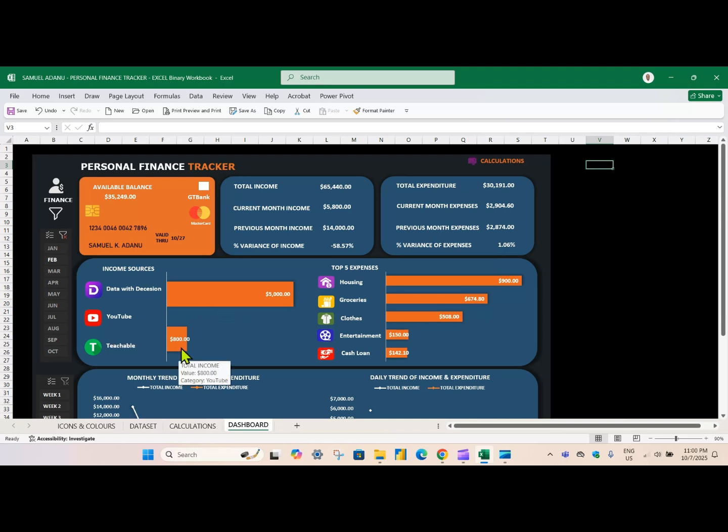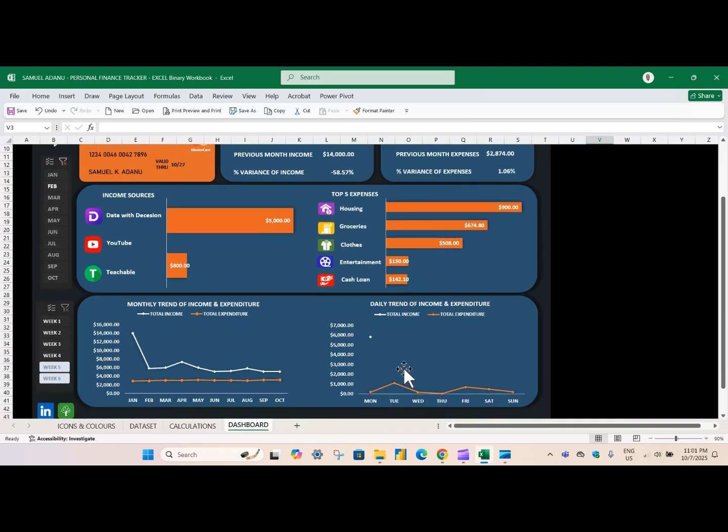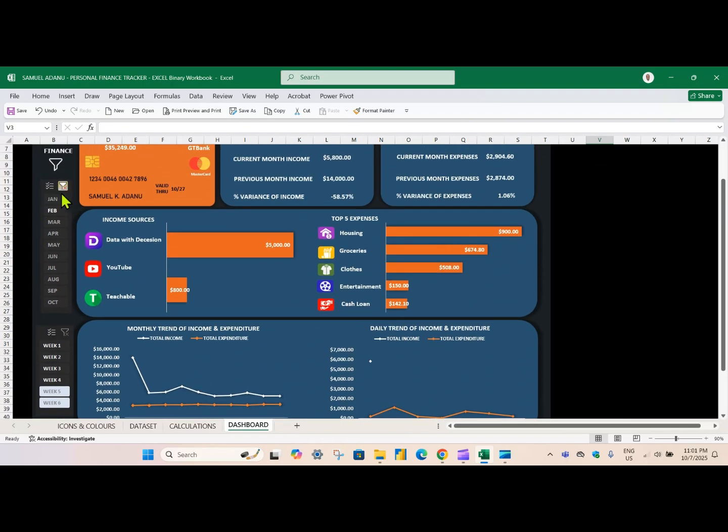Teachable brought in only $800, whilst we spent $900 on housing, $674.80 on groceries, $508 on clothes, $150 on entertainment, and $142.10 on cash loan.